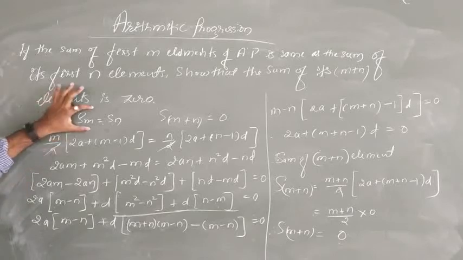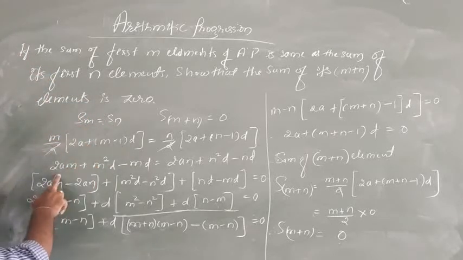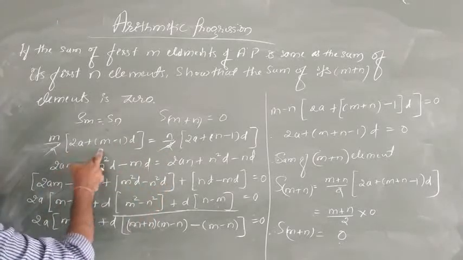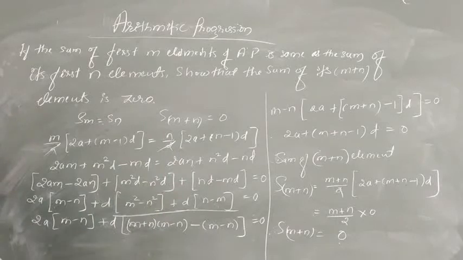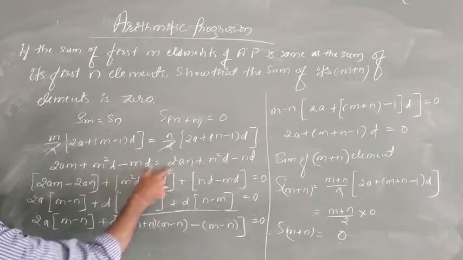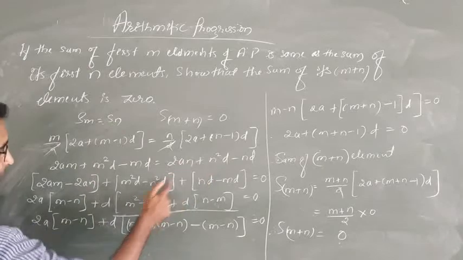Now I compare the sum of the m elements with the n elements. Then I cancel the 2 by dividing by 2. Then I multiply m inside the bracket, and n inside the bracket. Then I take the RHS terms to the LHS. Then I do the combination of 2am minus 2an plus m square d minus n square d.